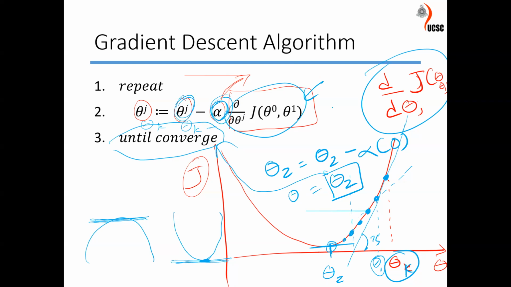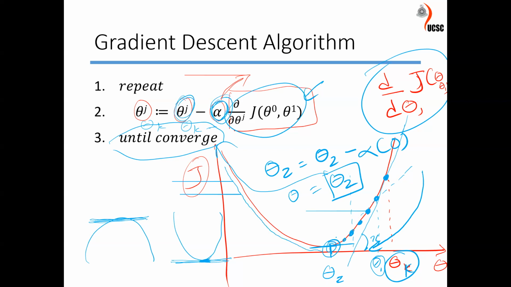If it is a positive value, theta will update like this and come back to a place like here. If it is a negative value, it will increase theta and come to a place like this.